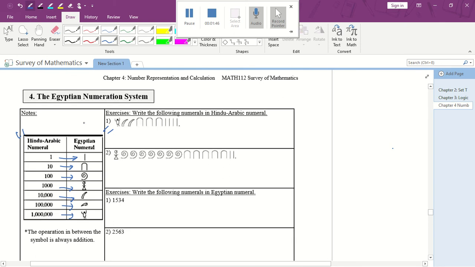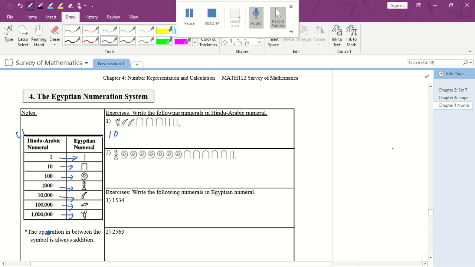So what we're going to do is much easier. You need to remember that the operation between the symbols is always addition, which means there is an addition in between all these symbols, though it doesn't show up, of course. So when you look at this one, this is referring to 1 million.